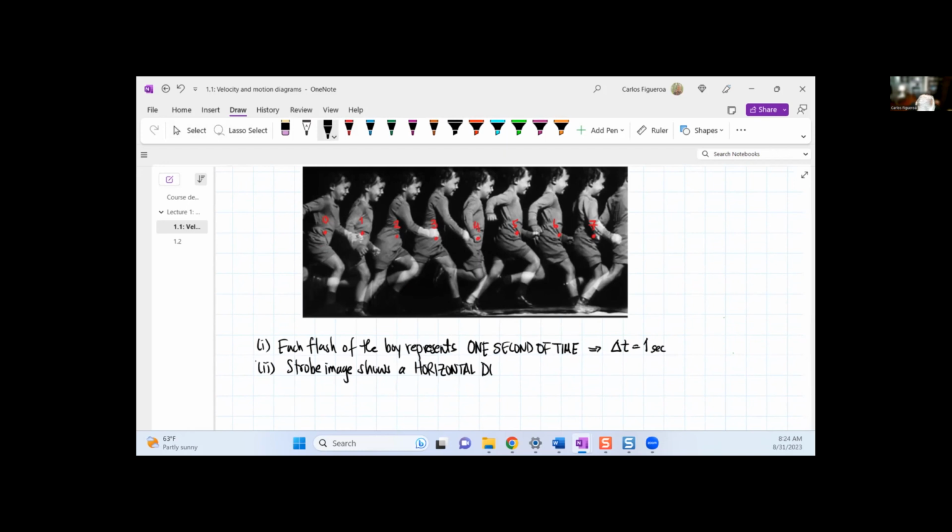Now, what we want to look at is how do we judge the horizontal distance? Everything has to be relative. So what I'm going to do here is come in and draw vertical lines.